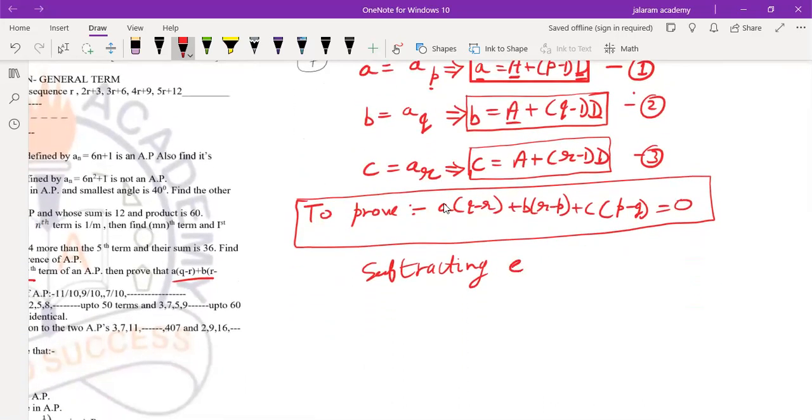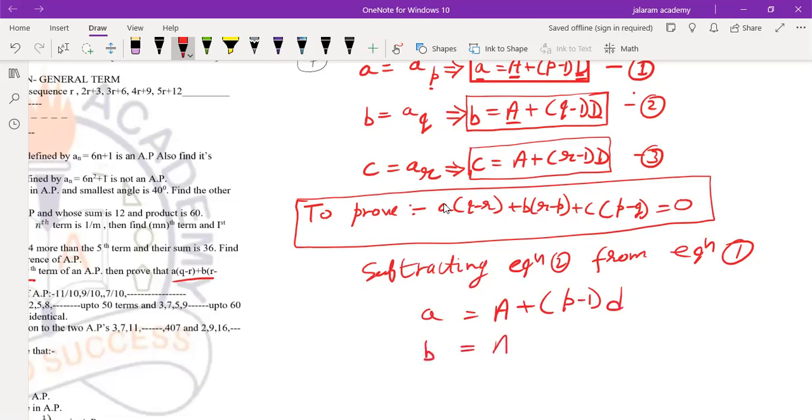So subtracting equation 2 from equation 1, what do we get? Small a equals to capital A plus P minus 1 into D. Small b equals to capital A plus Q minus 1 into D. And on subtracting, minus, minus, minus.